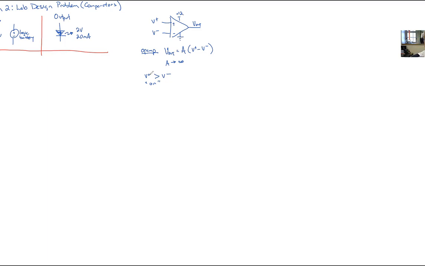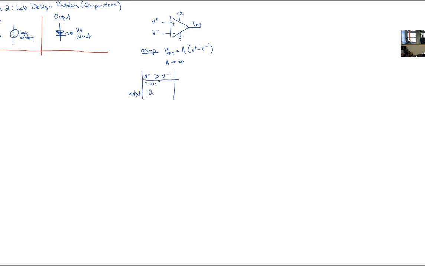So if V plus is greater than V minus, it will try to produce an output that's huge variable gain A times V plus minus V minus, which will try towards tending to infinity. The highest it can go is 12. So the output will be 12.